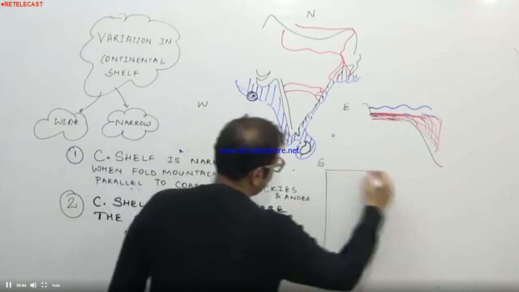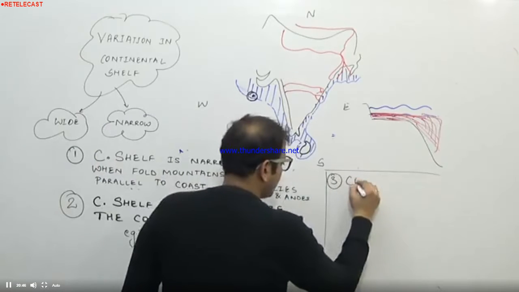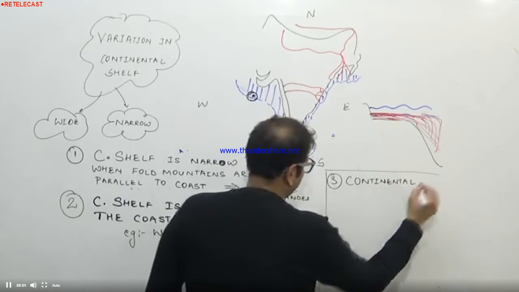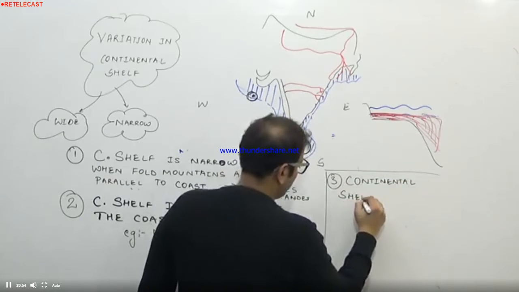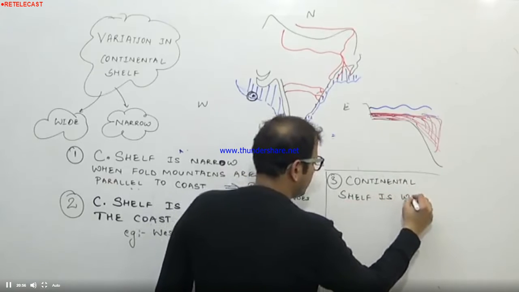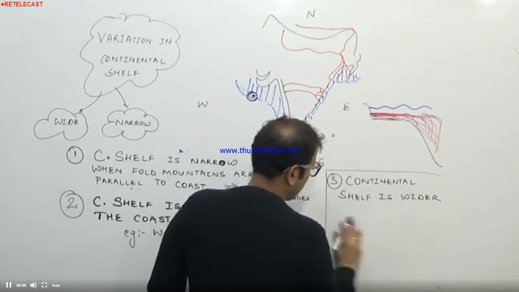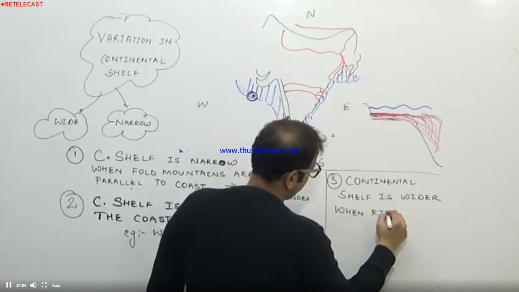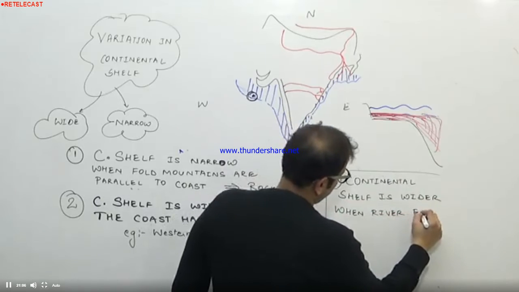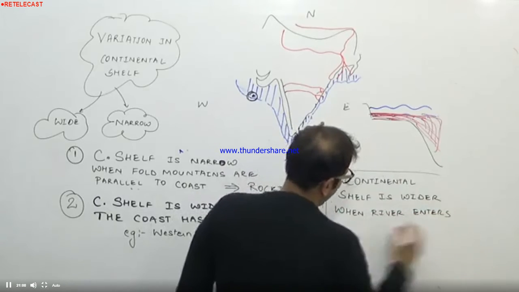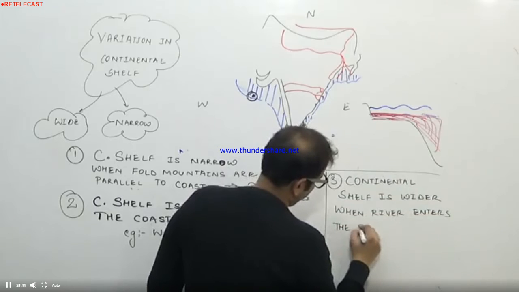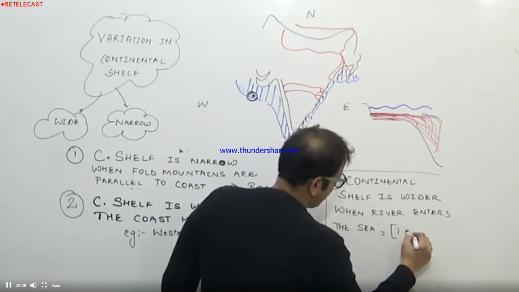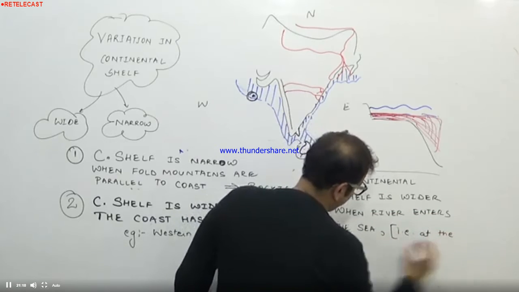The third condition is: the continental shelf is wider when a river enters the sea, that is, at the mouth of a river.